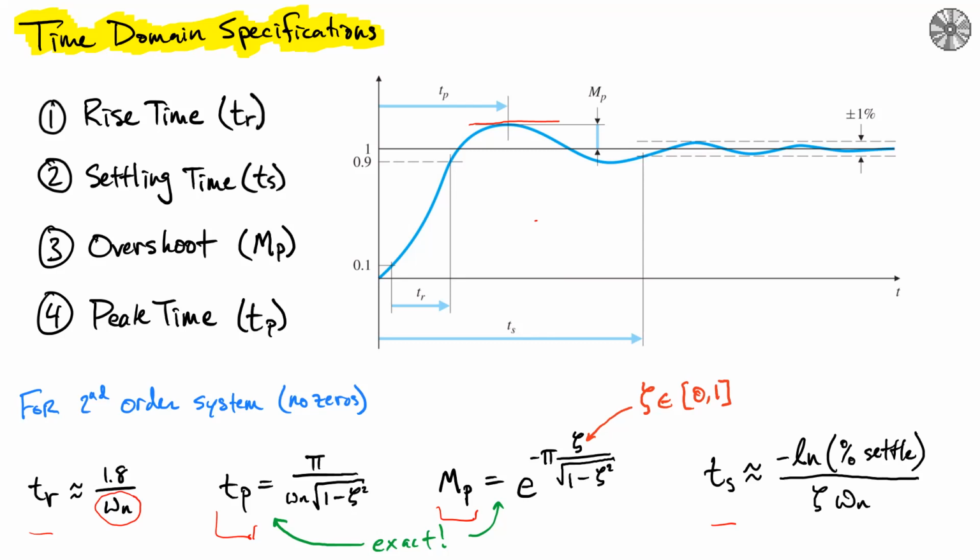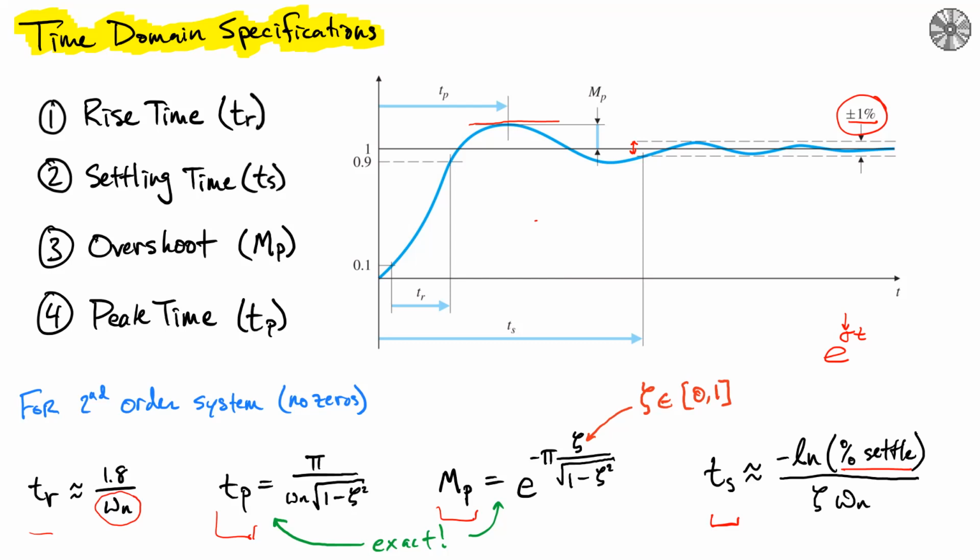For the settling time, this is essentially when the response stays within a certain percent envelope. What I'm calling percent settle is 1% in this case on the diagram, but you could theoretically set it to be something else. Once the response stays within this envelope, the term that goes like e to the minus sigma t, where sigma is the real part, characterizes how much the resulting solution damps out.